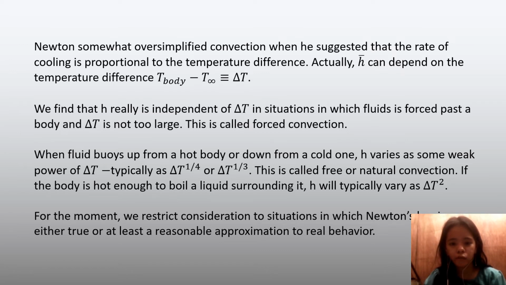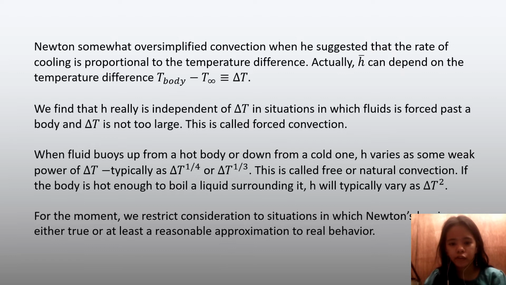This is called forced convection. When fluid rises from a hot body or sinks down from a cool one, h varies as some power of delta T, typically delta T to the power of 1/4 or delta T to the power of 1/3. This is called free or natural convection. If the body is hot enough to boil a liquid surrounding it, h will typically vary as delta T squared.